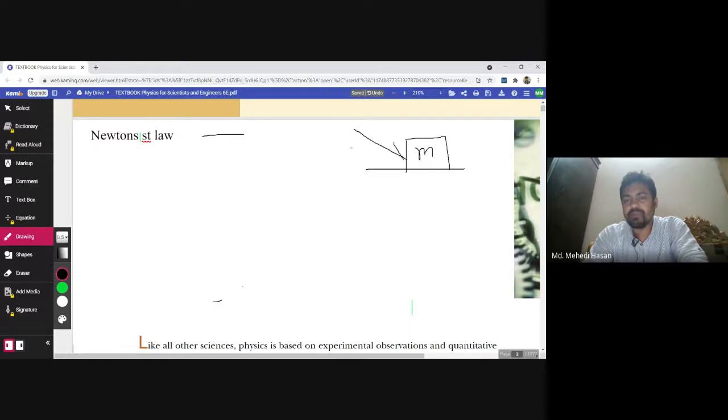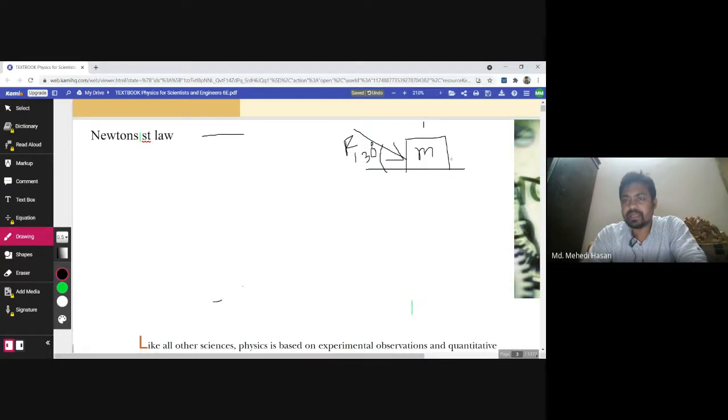So which is F1, and if you consider this line, F1, this angle produced is 30 degrees.